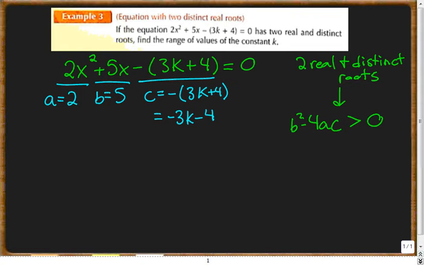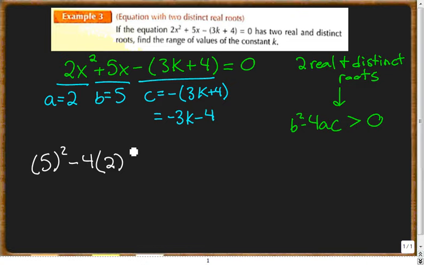So now we go forward and we say, okay, what's b squared? b squared will be 5 squared. And we subtract away 4 times a, which is 2, and times c, which I'm going to use in this form, because I see this negative here, I can cancel it out. You don't have to, but that one works just fine.